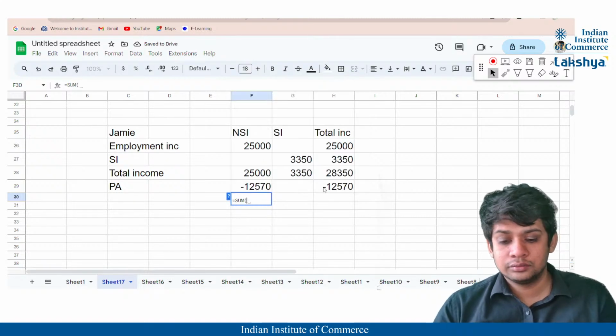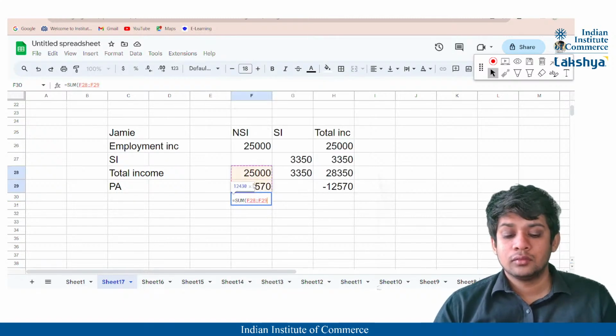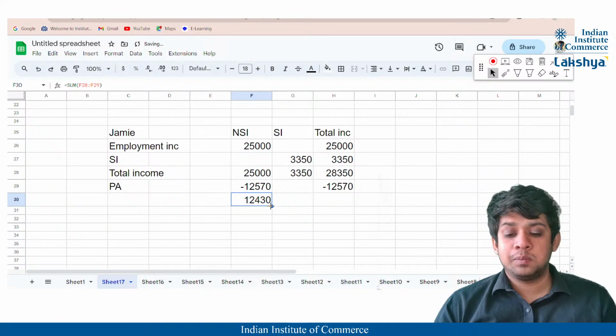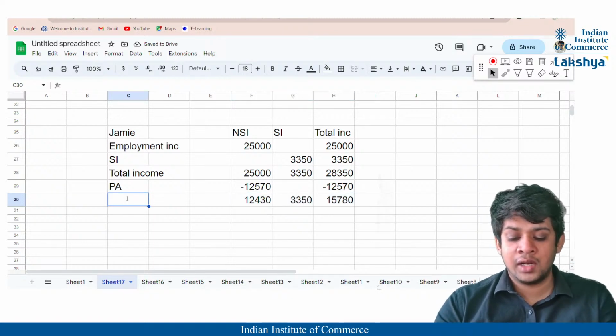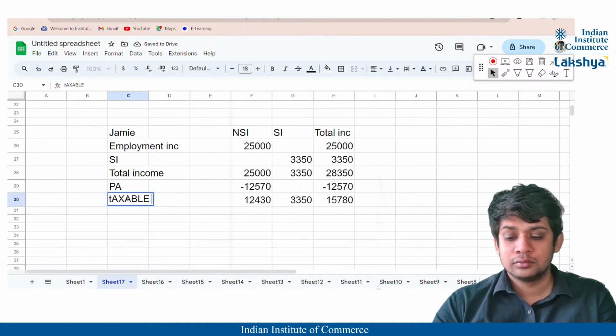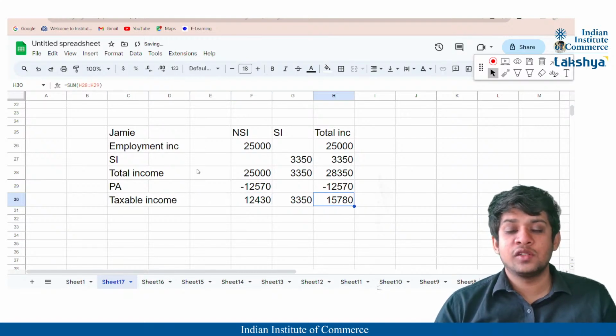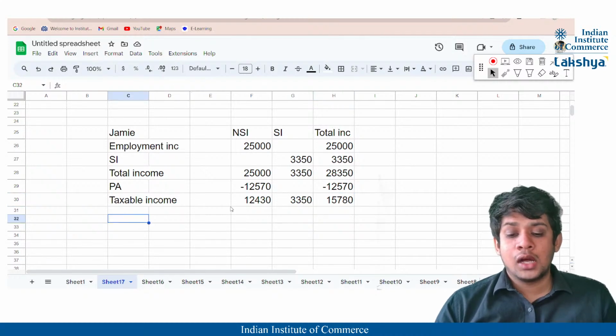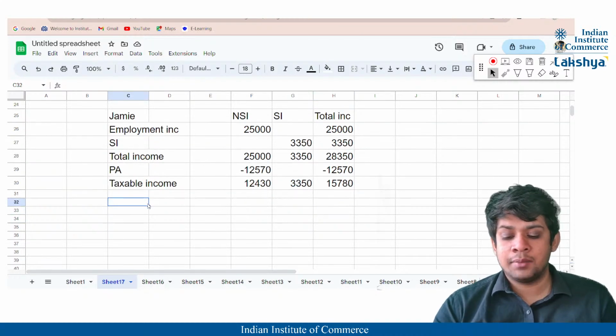And thus my taxable income will become 15,780. Taxable income is 15,780. Right, guys? So now let us calculate the tax liability.